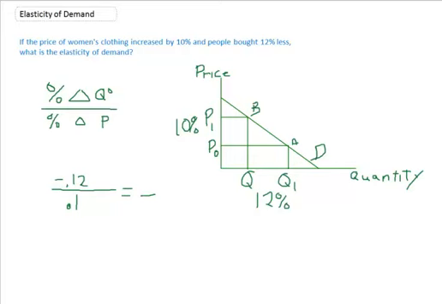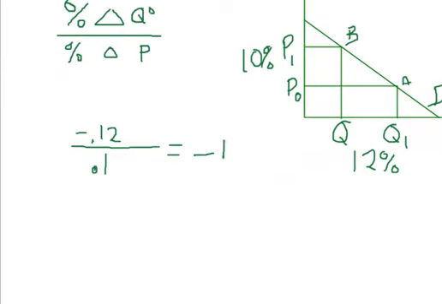Negative 1.2 elasticity of demand. And in fact, that is about the same as some authors have calculated as the elasticity of demand for women's clothing, negative 1.2. That is, with a change in price, the percentage change in quantity will be bigger than the percentage change in price.